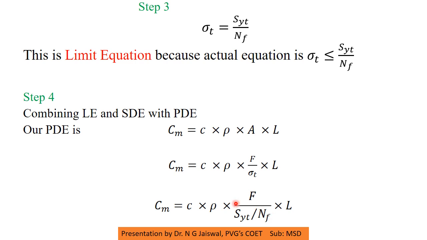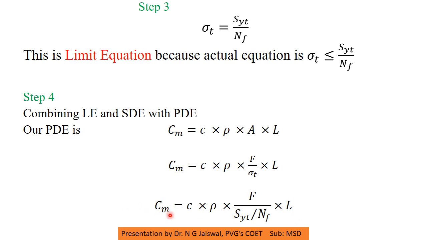So now note all parameters on the right hand side are known. C, material cost, given for all materials, density rho given for all materials, F is constant and given, syt is given for all materials, factor of safety nf is given, L is given. Now if we put these values for all materials, we can find out the Cm.